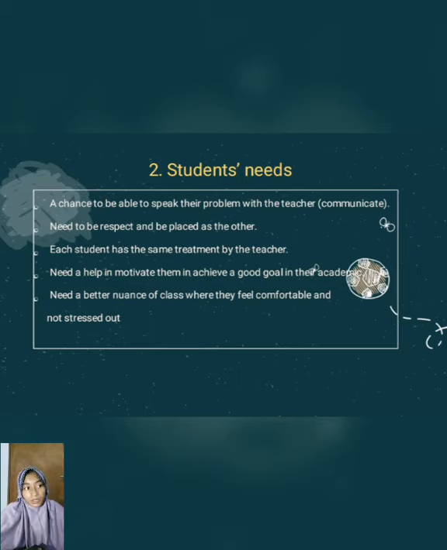And the second point is that the students need to be respected and be treated as equals. So the treatment, the care, the love that the teacher shares has to be the same to everyone.